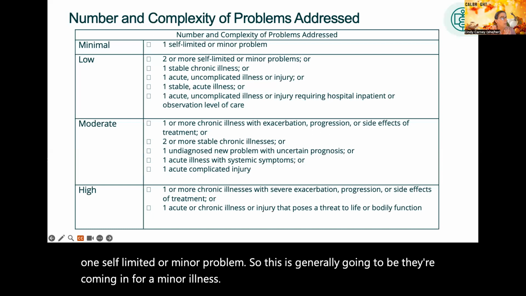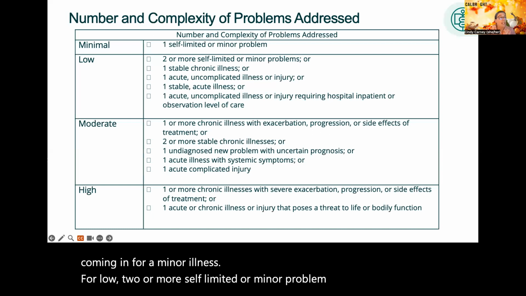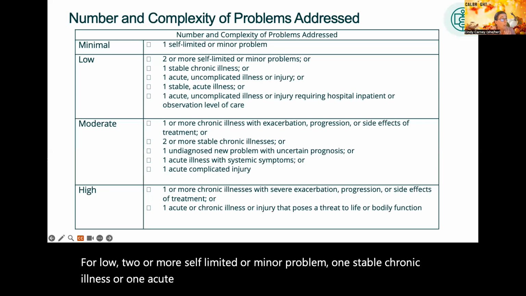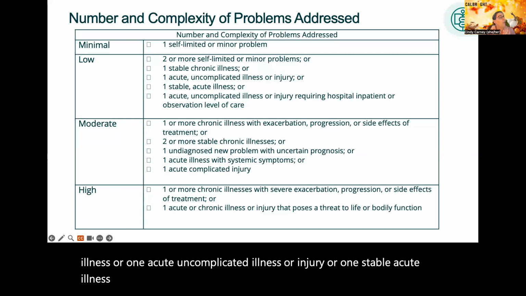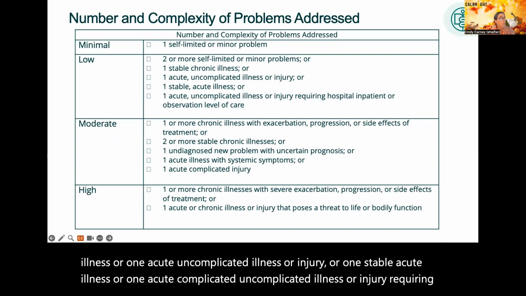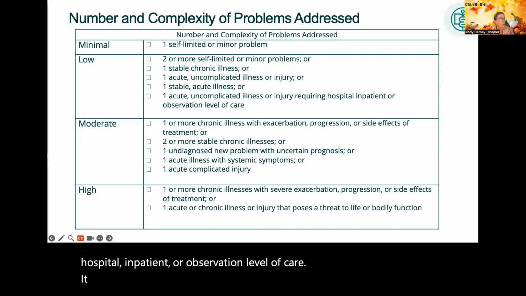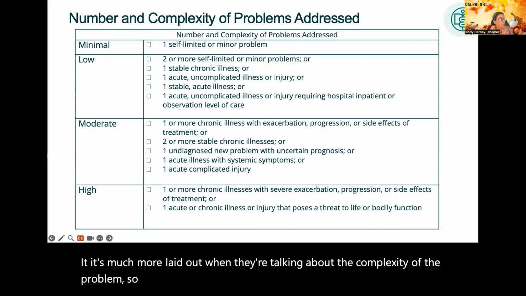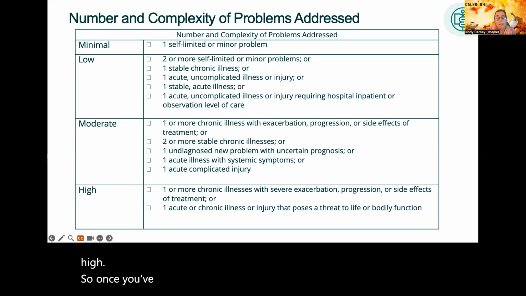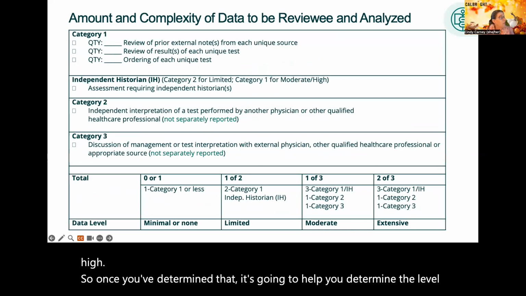For low, 2 or more self-limited or minor problems, 1 stable chronic illness, or 1 acute uncomplicated illness or injury, or 1 stable acute illness, or 1 acute uncomplicated illness or injury requiring hospital inpatient or observation level of care. It's much more laid out when they're talking about the complexity of the problem. So then you have your moderate, and then of course your high. Once you've determined that, it's going to help you determine the level of service.